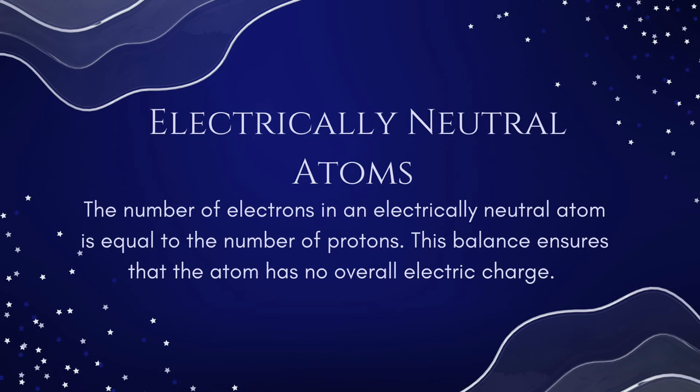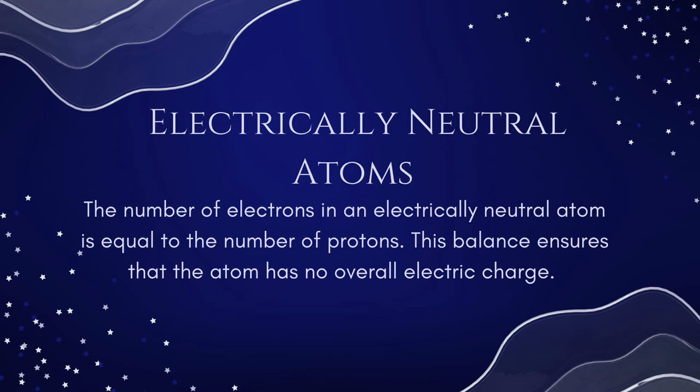When we say electrically neutral atoms, it refers to the atom that has an equal number of protons and electrons. So protons are the positively charged and electrons are negatively charged. So this balance ensures that the overall charge of the atom is zero. So if an atom gains or loses electrons, it becomes an ion and it is no longer electrically neutral.